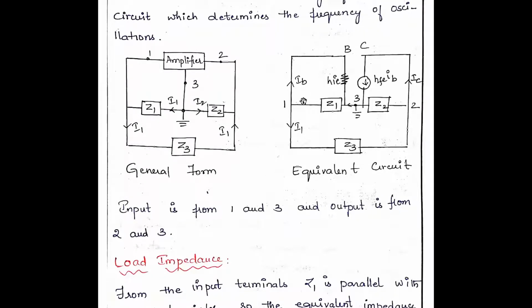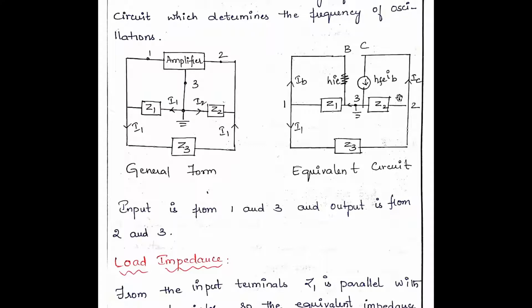So the trick or the idea is this: if we represent the output voltage in terms of IB, and the input voltage in terms of IB, the IB will cancel, then we will get an expression. So the plan is to represent the output voltage in terms of IB first, then the input voltage in terms of IB.